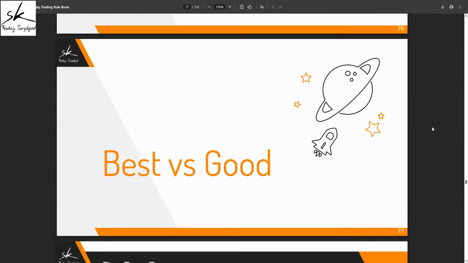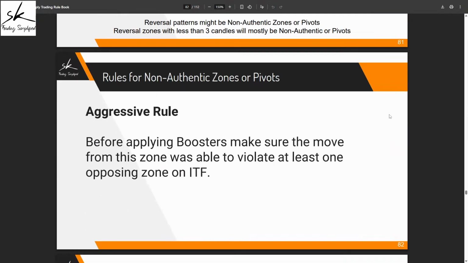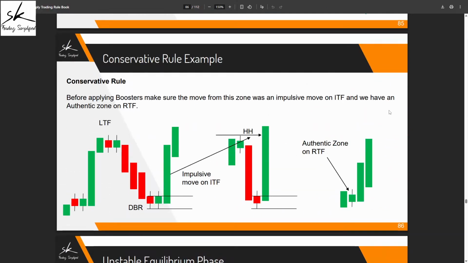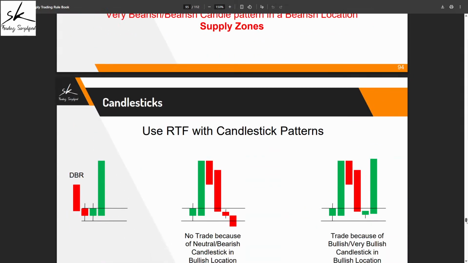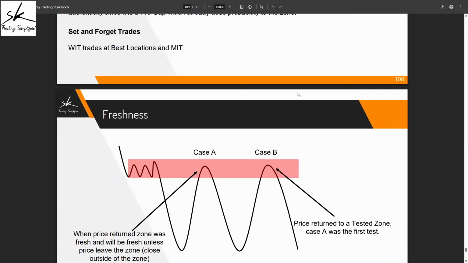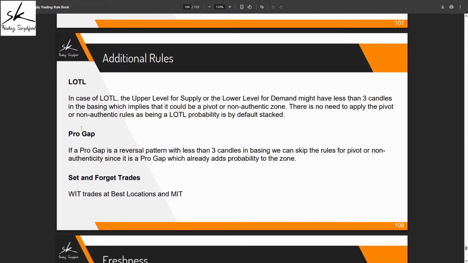So I'll just show you in the rule book that we have some additional rules almost, I think, at the end. Here it says, can you see, in case of pro gap, you can skip the rules of pivot and non-authenticity, since being a pro gap, we already have that extra probability we are looking for.